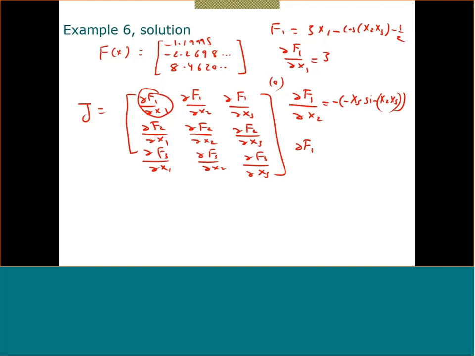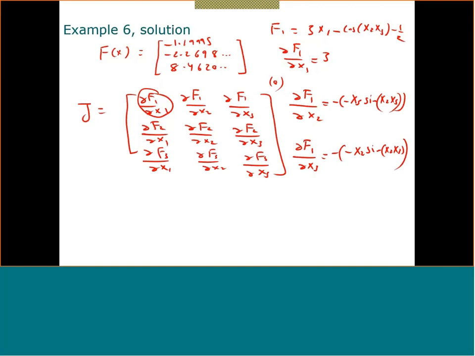Finally, the partial derivative of f1 with respect to x3. So now again this goes to 0, this goes to 0, so this becomes minus x2 sine of x2 x3. Okay, and then I will come and substitute the values.